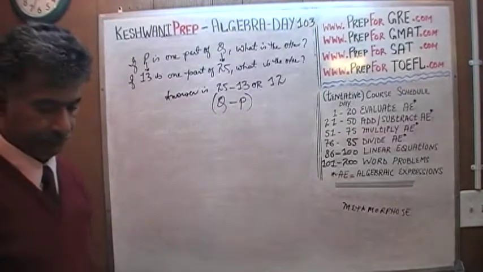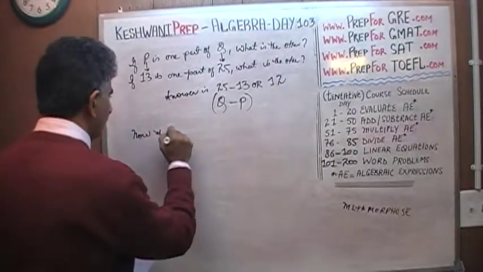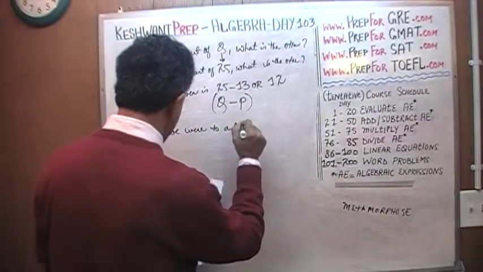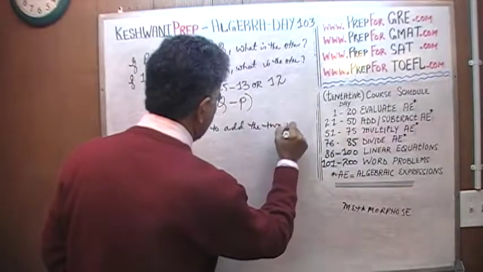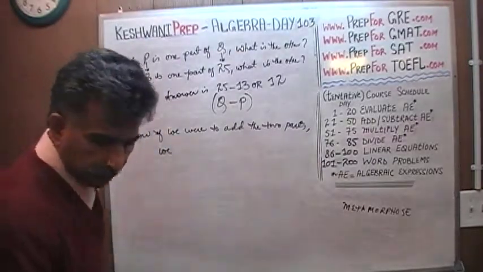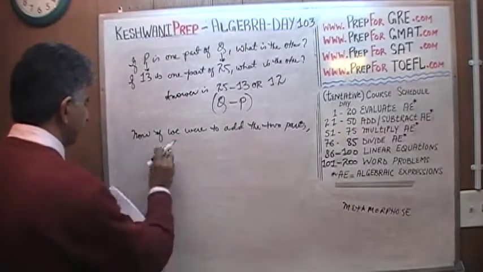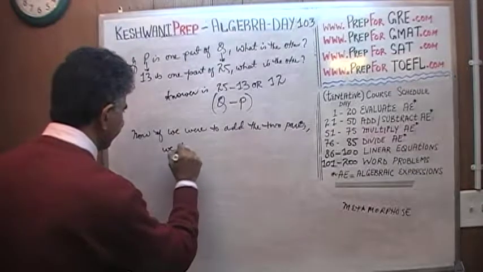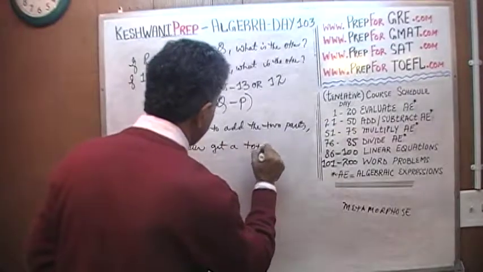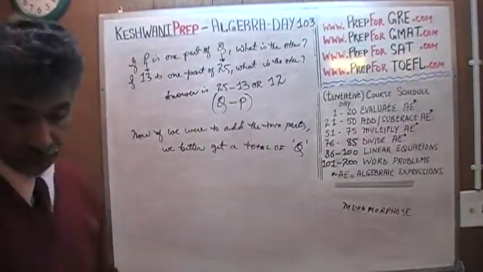Q minus P. Now, if we were to add the two parts, we better get a total of Q. Because Q is the whole quantity.